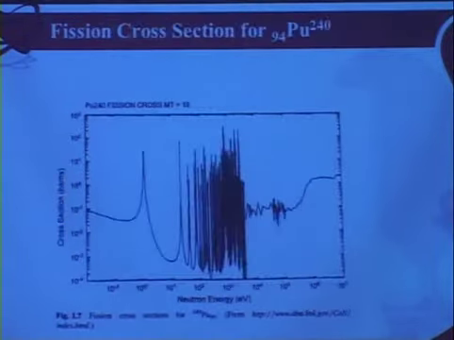If you look now at plutonium-240, this is the fission cross-section for plutonium, again still 100 millibarn, which is still small, and you have something like one resonance here and a couple of isolated resonances, and you go back again to one barn.